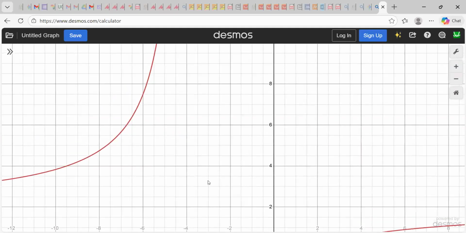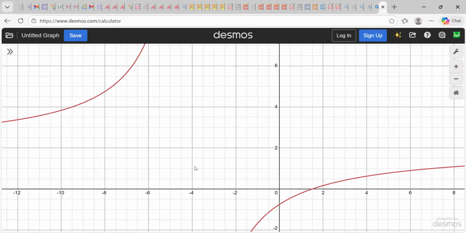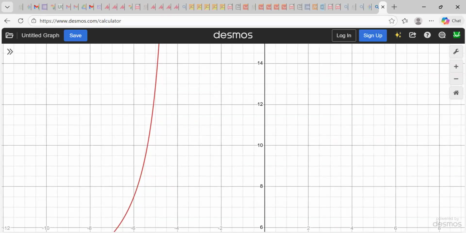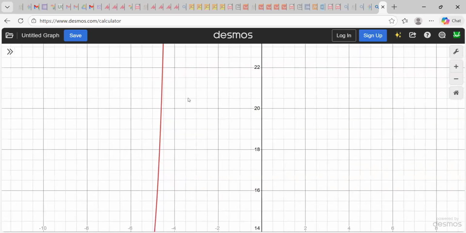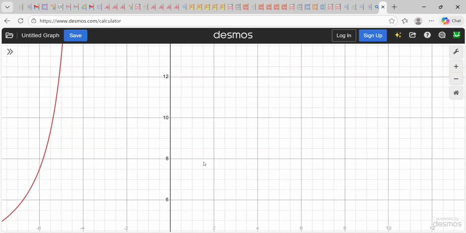So if you were to watch, you see where minus 4 is? It's an asymptote. If I go down, you see that it's an asymptote. The graph is approaching minus 4, but it's never going to reach it, right? Let me see what's happening here.